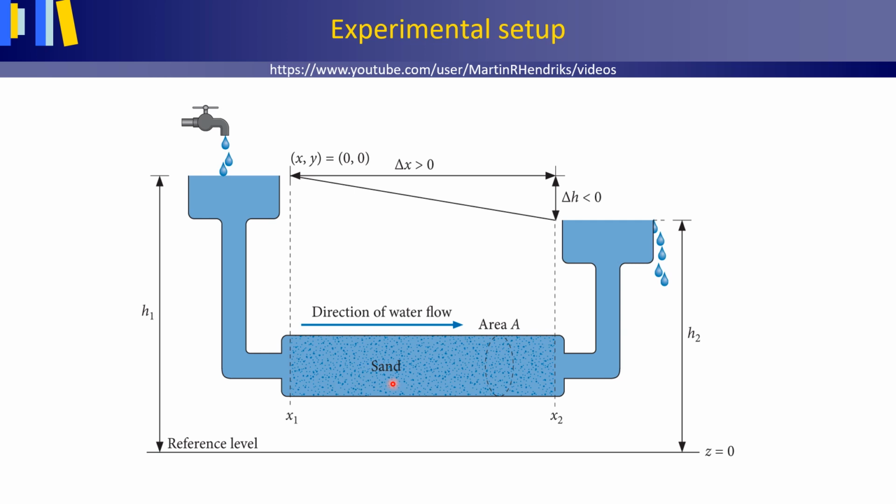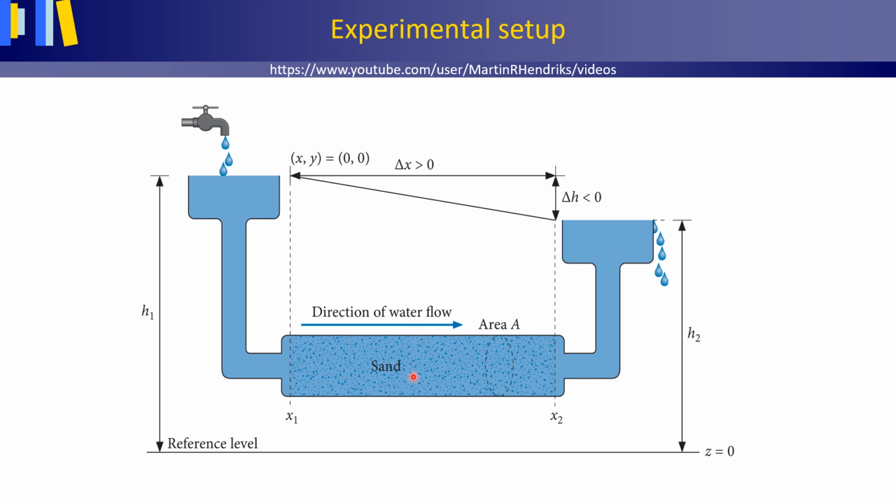The experiment starts after the whole system is filled with water. Note that the screens at both sides of the cylinder keep the sand in place, but that water can pass freely through the screens. If the water levels in the two reservoirs differ, then water will flow through the sand-filled cylinder.